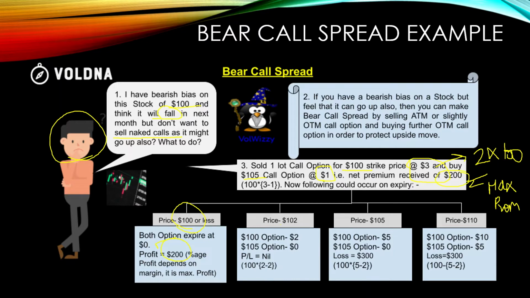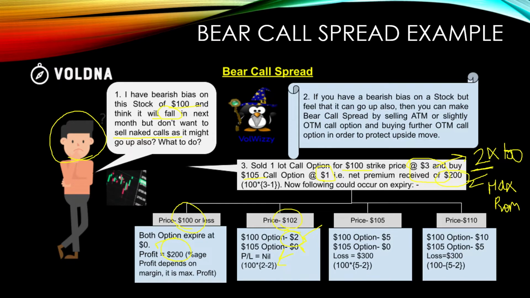Second scenario, in case the stock instead of falling rises to $102. Why $102? Because he received a net premium of $2. What would happen in this situation? The $100 call option will expire at $2 and the $105 call option will expire at $0. So his PNL will be nil, no profit, no loss, because now he is required to pay $2 to the option buyer.